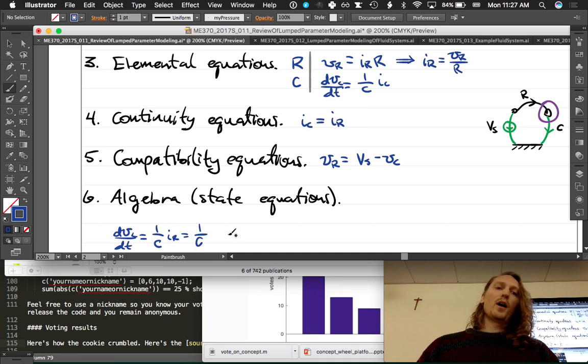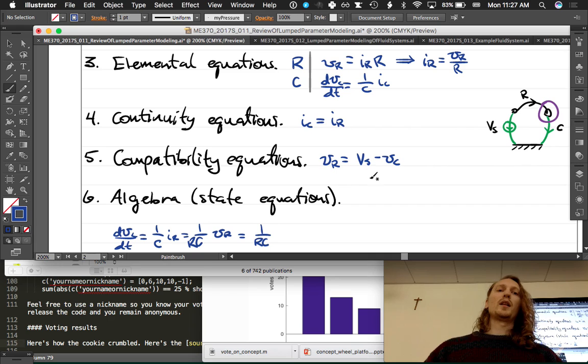Okay, so IR is not a state variable, and it's not an input, so we have to eliminate it. For IR, we have an elemental equation. It's equal to VR over R, but I'm going to put the R over here. So we have 1 over RC times VR. And VR is also not a state variable.